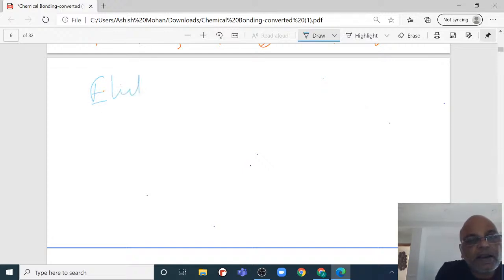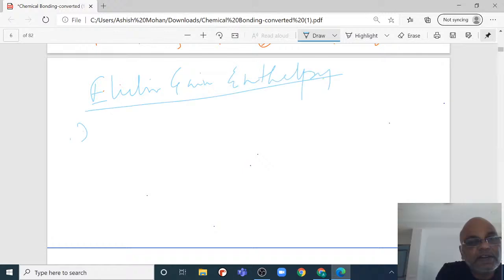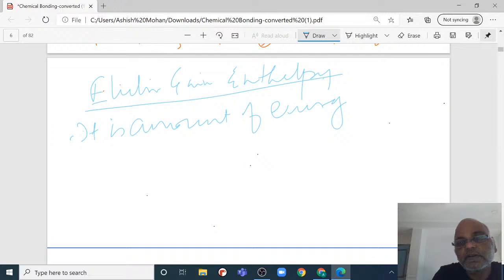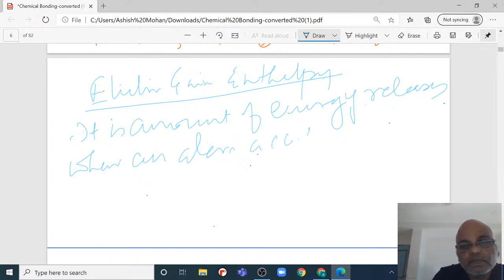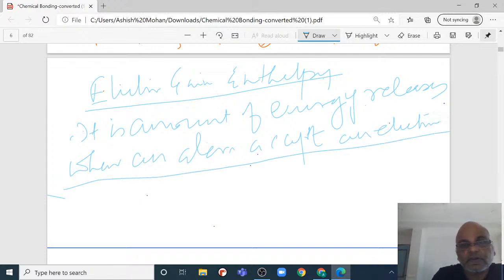Electron gain enthalpy is the amount of energy released when an atom accepts an electron.